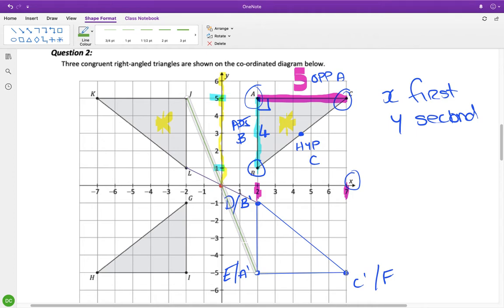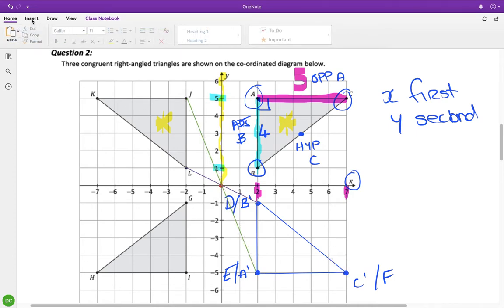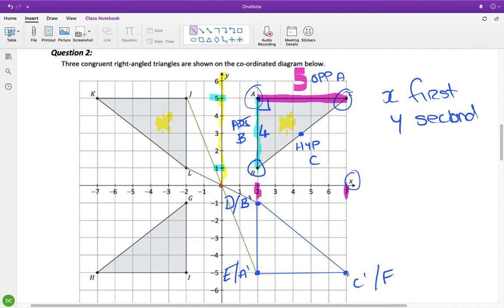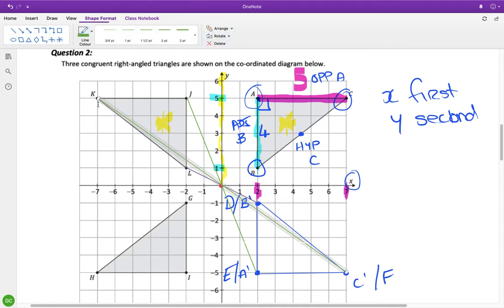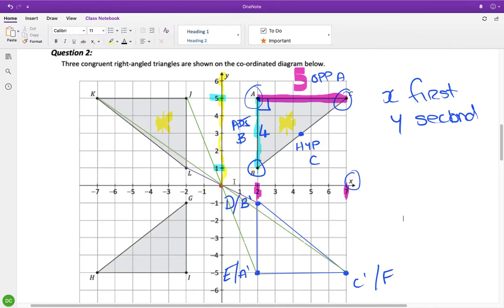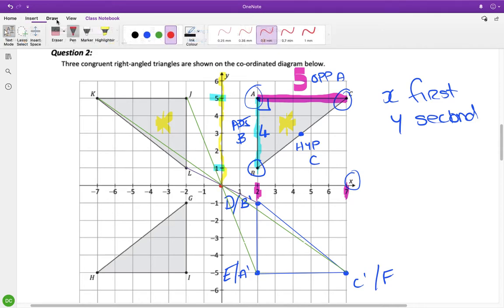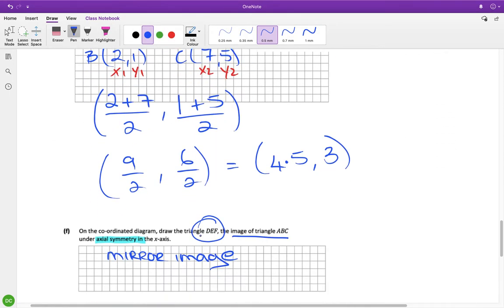So I should be able to, oh no, didn't get a line. So I should be able to go through the center and should be on a dead straight line with K. Yeah. So that's how you do central symmetry. You go through the center. So if you start at this one and go through the center, you end up at this one. Okay, so the answer to that again is JKL.